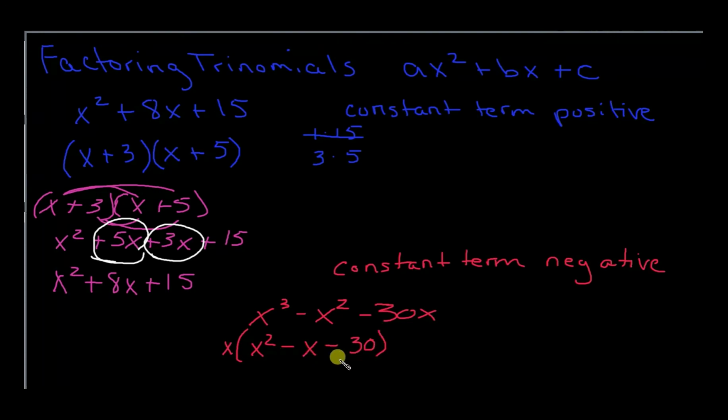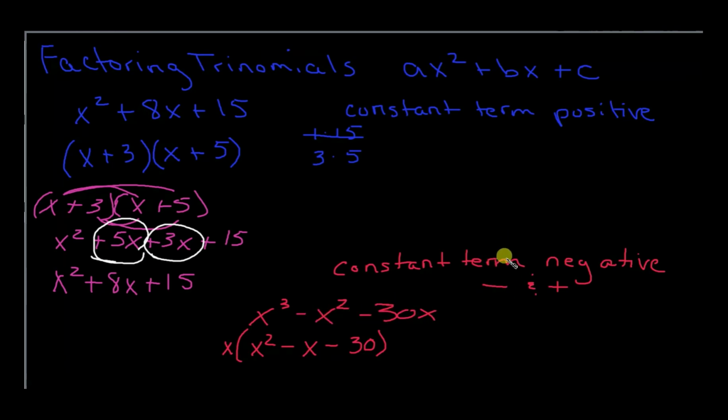Now you're in that trinomial where you need two numbers that multiply to negative 30. To get a negative number, you need one negative term and one positive. What are the multiples of 30 that also come up with a negative 1?